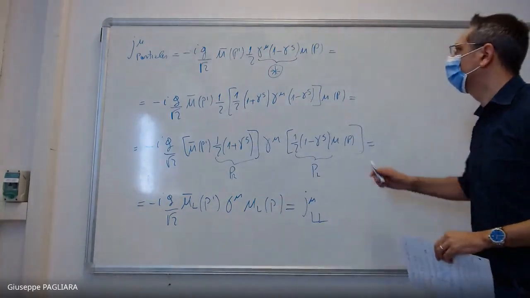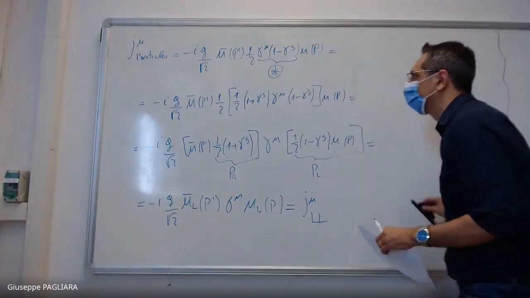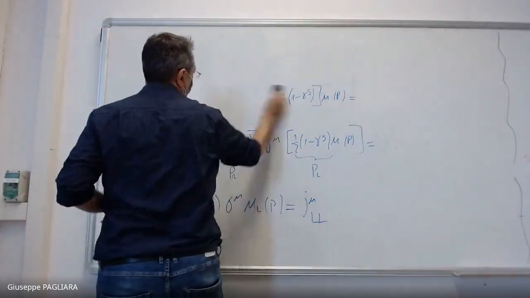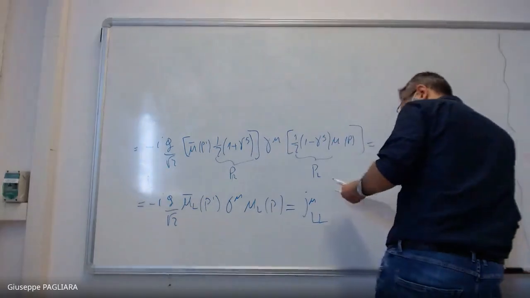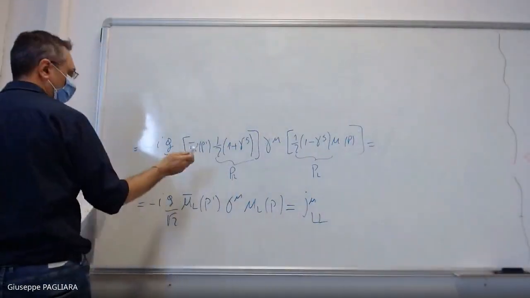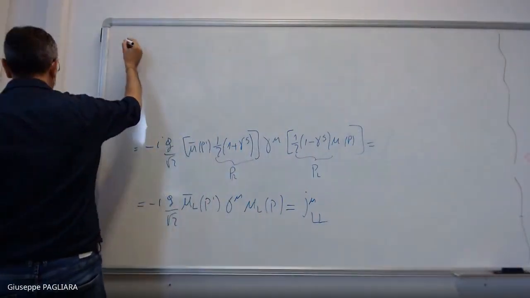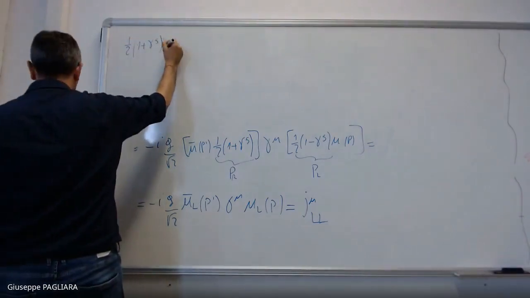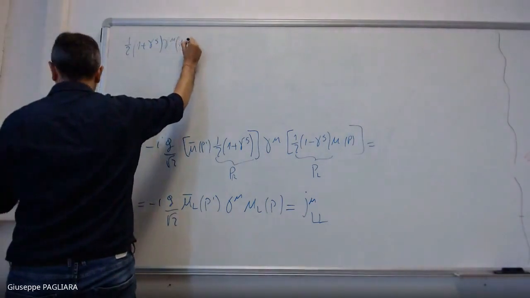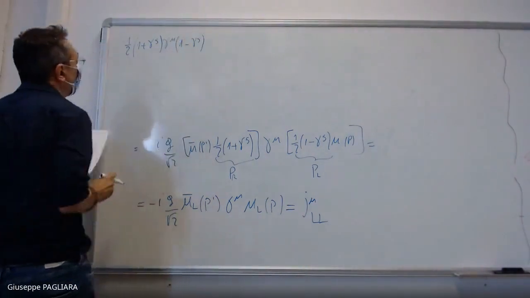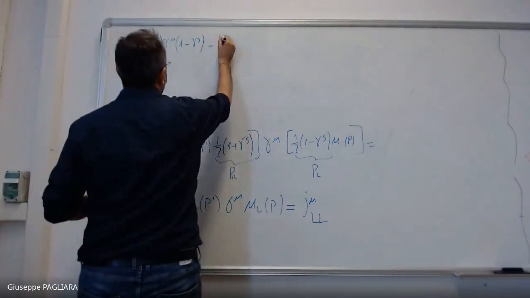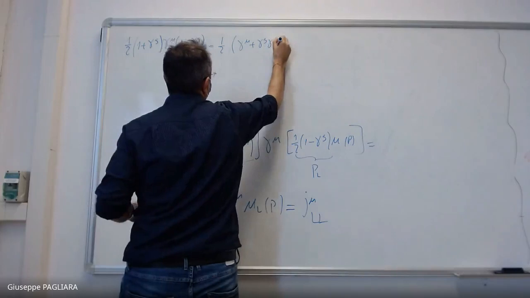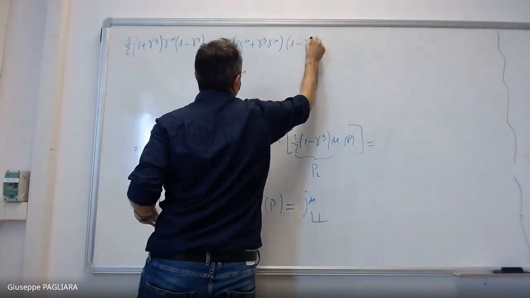Now I have to demonstrate this right here. Let's do it on the contrary. We start from the final result and go back to the initial. So 1/2 (1 + γ5) γ^μ (1 − γ5). Okay, so this is 1/2 (γ^μ + γ5 γ^μ)(1 − γ5).